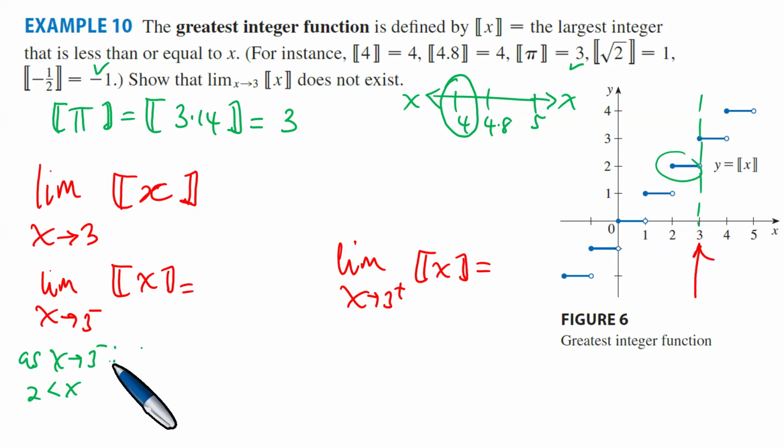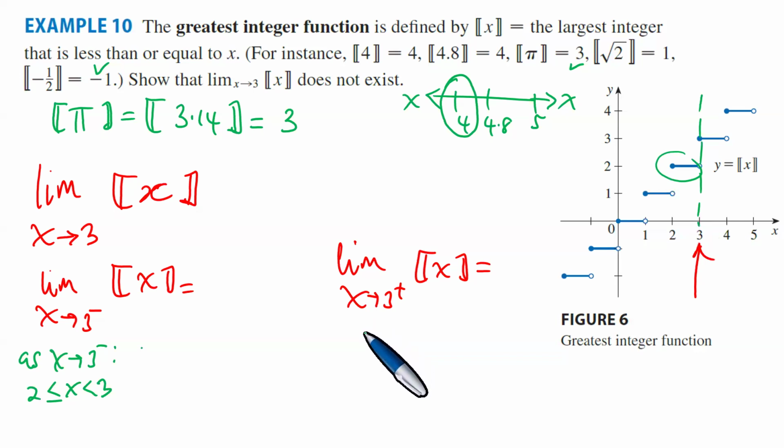That is the next integer. So at this point you have 2, and also you have 3. Your x varies there, but you're able to see that at this point the function accepts 2, but obviously we are going to the left of 3.